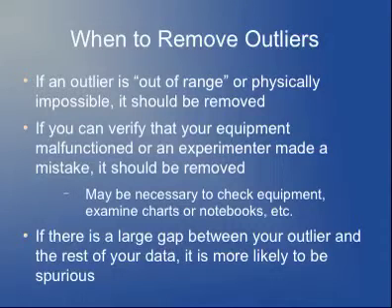Or if you look at the lab notebook and you find an annotation there that says, I miskeyed this into the database, it wouldn't let me change it after I keyed it in, then once again you know that it's wrong. The other rule of thumb you can use is that if there's a really huge gap between your outlier and the rest of the data, it's more likely to be spurious. Even that's not a perfect rule, but the idea is if all your data is clumped together and there's a huge gap and one data point way at the end, that's more likely to be bad than if you just see a data set that looks skewed.